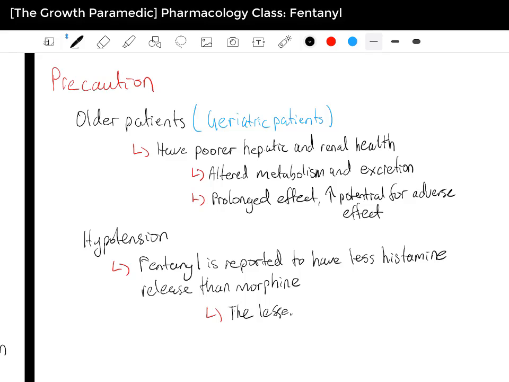And I know there are a few other medications that we can use for pain relief, such as ibuprofen, paracetamol, and methoxyflurane. But as paramedics or EMTs, I think as well, morphine and fentanyl are your main choices.